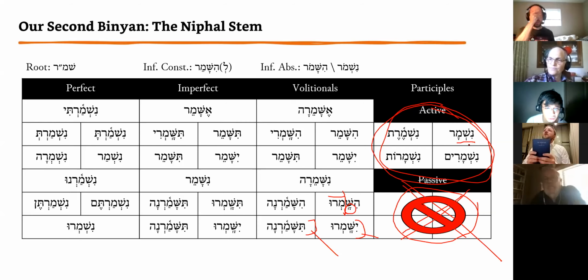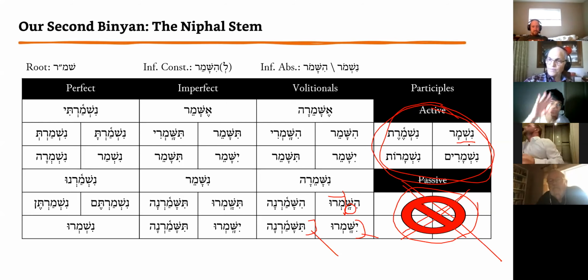Ha-sefer hanish'ar li, the book that is remaining to me. Ha-sefer hanotar. It's adjectival, the idea that it is left, it remains.